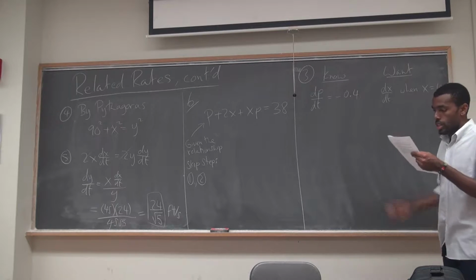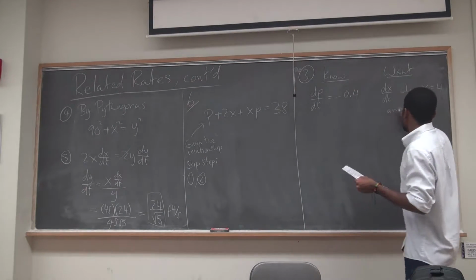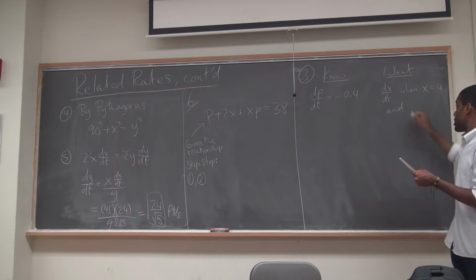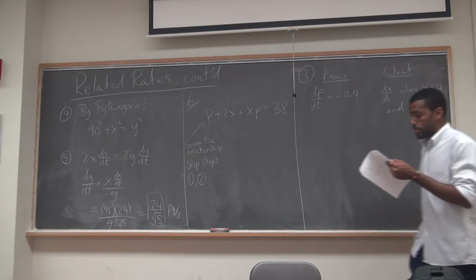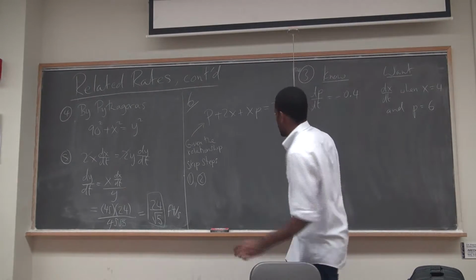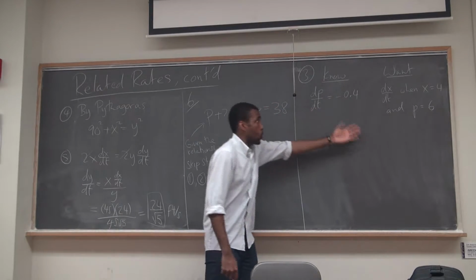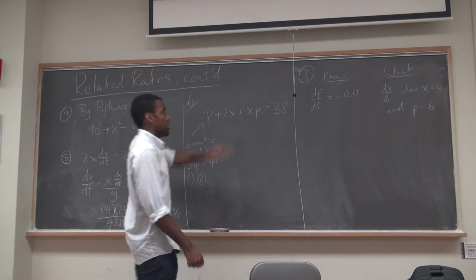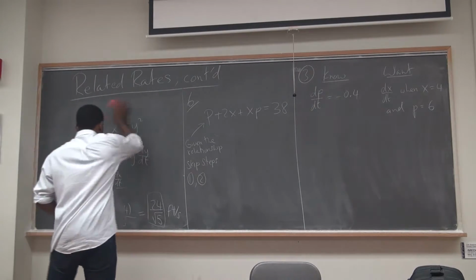It's in thousands, so it's just 4. And I told you the price I'm selling them at, $6 per llama. So P equals 6 and x equals 4. Now I know what I know and what I want to find, and I know the relationship that's going to help me get there. So what's the next step?